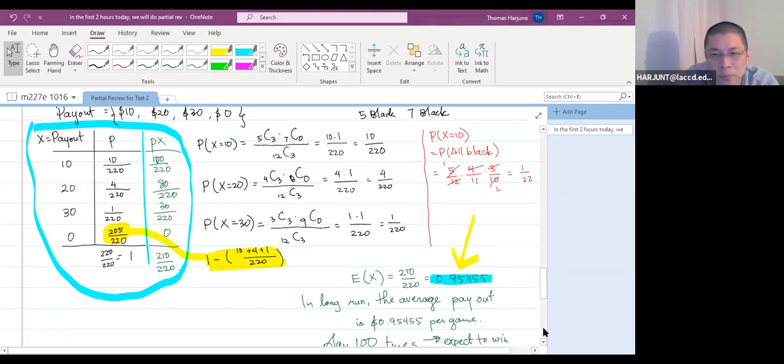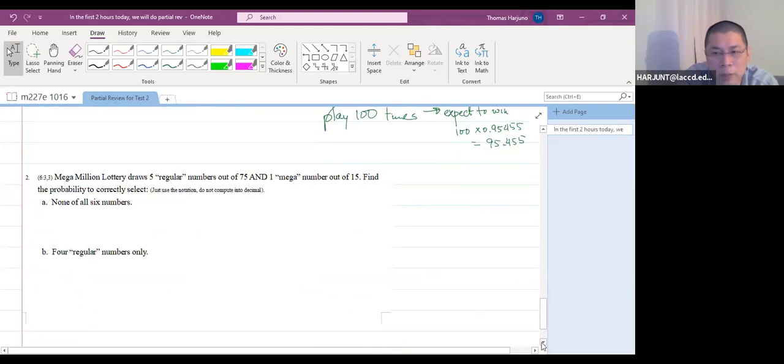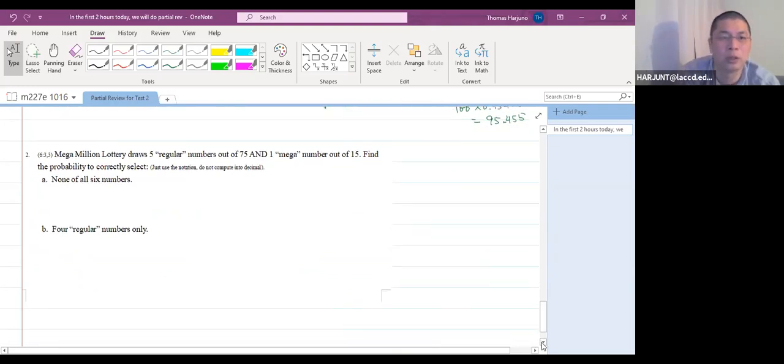Okay, let's go on. The last problem for this before we go back to 5.2. Question number 2. Mega Millions Lottery draws 5 regular numbers out of 75 numbers. So we have 2 boxes. One of the regular.